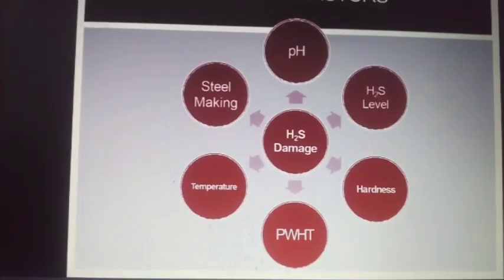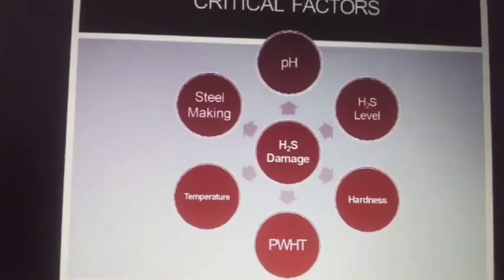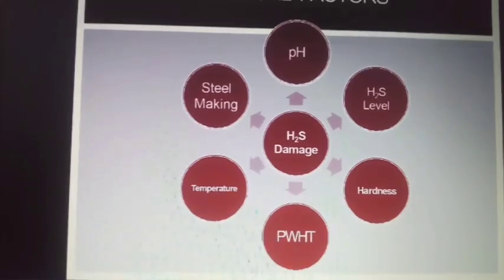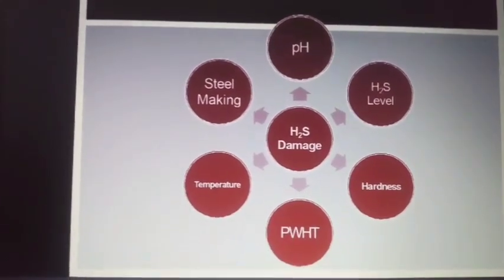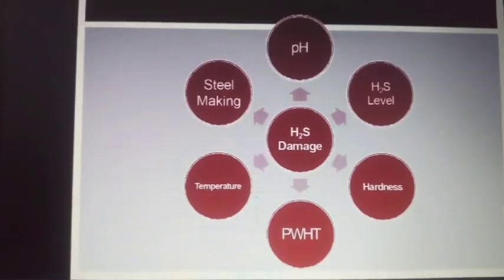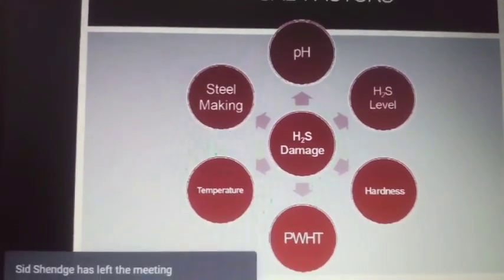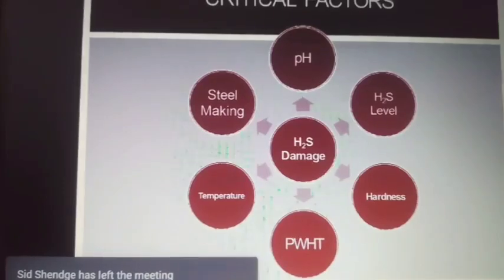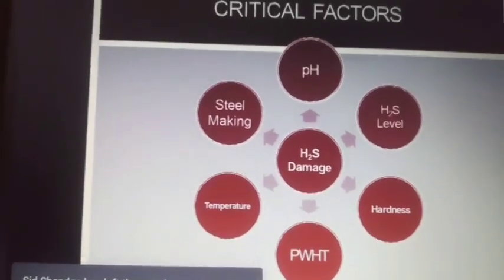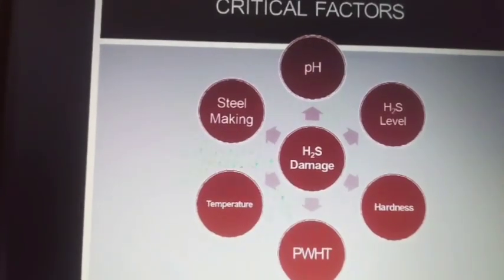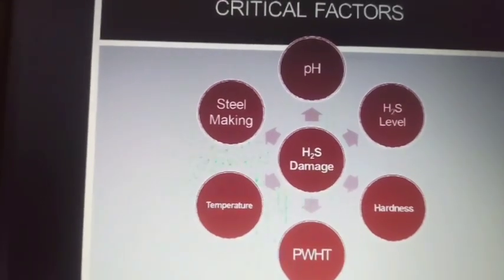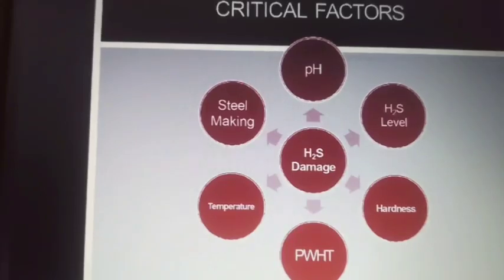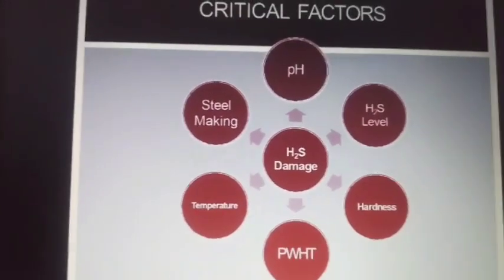Temperature is up to 149, but SSC happens between 0 to 50, that's the most vulnerable temperature. With higher sulfur content, you have a problem with sulfide stress cracking. And the lower the pH, the tendency increases. Lower means less than 4, like 3.5. I will tell you why the pH plays a role.